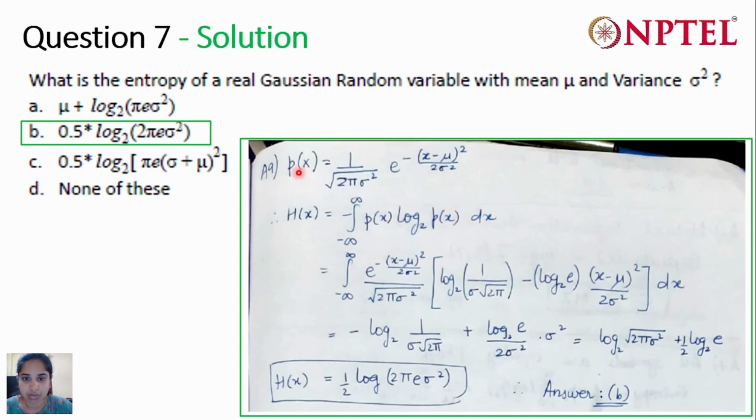So try to substitute P of x into this formula, and since you have log to the base 2 and an exponential, it gets opened up, and with a simplification process you get the answer to be half log of 2 pi e sigma square. So the entropy of a real Gaussian random variable is half log of 2 pi e sigma square. Option B.